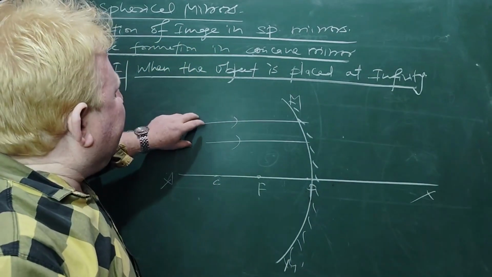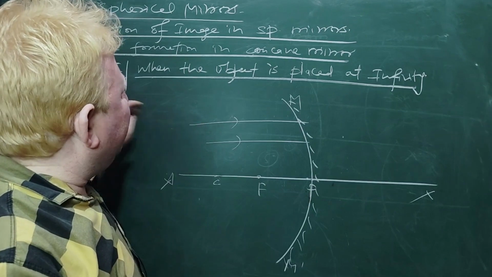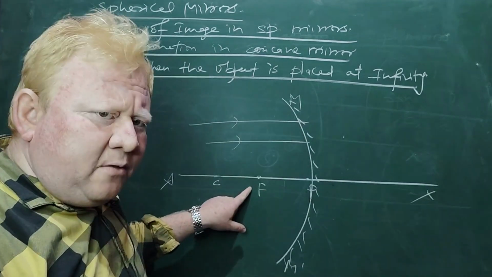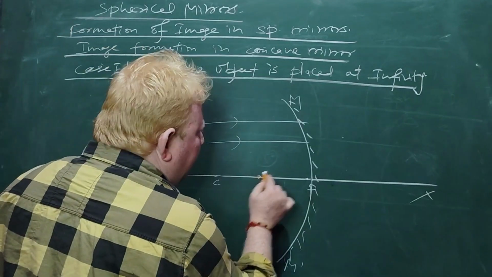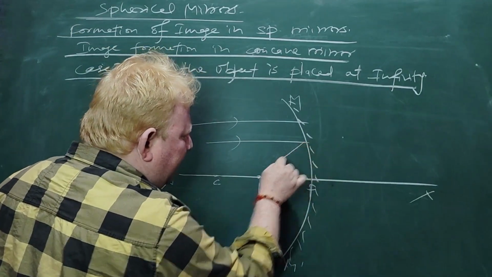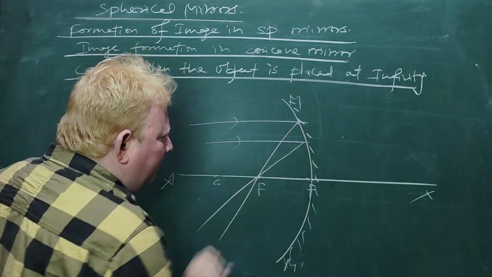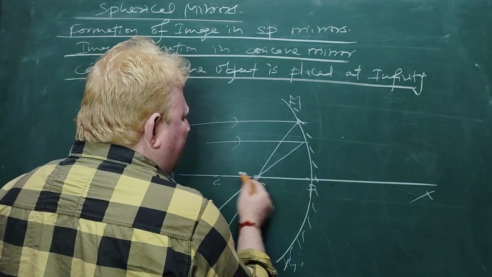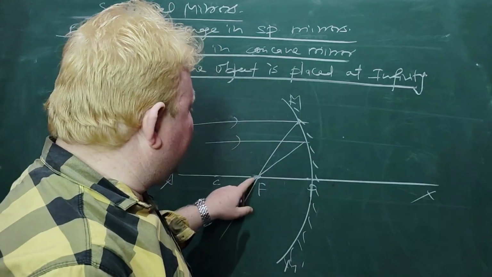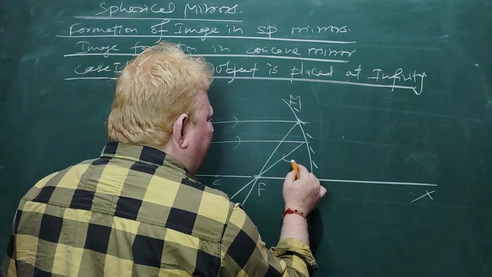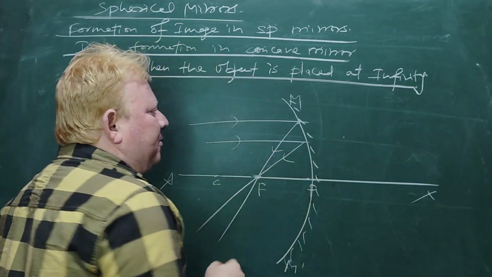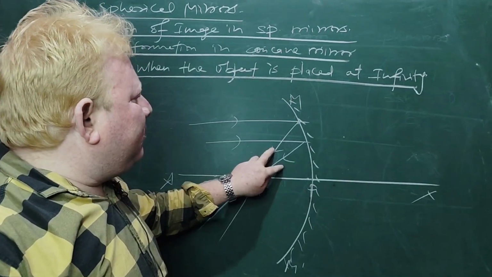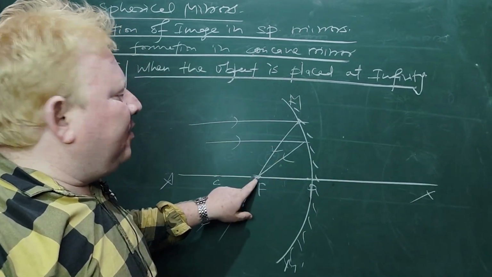After reflection they will pass through the focus only. Here this light ray after reflection passes through this point where an image will be formed, because this is the point of intersection of the reflected rays, and you know that the meeting point of reflected rays forms an image. So here is the meeting point of these two reflected rays, so the image will be formed here at the focus.